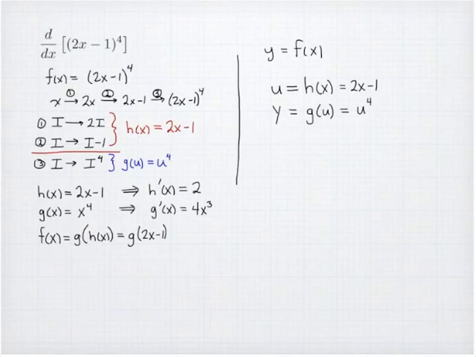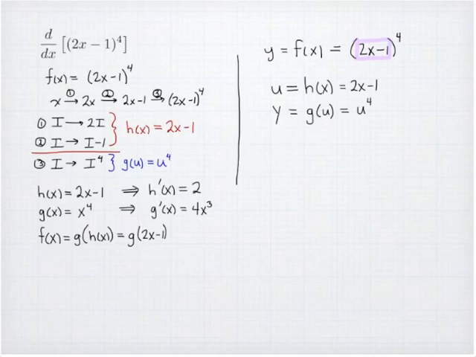Let me try to make a little bit of a connection for you here. 2x minus 1 to the fourth power. What we're saying is, our function is 2x minus 1 raised to the fourth power.